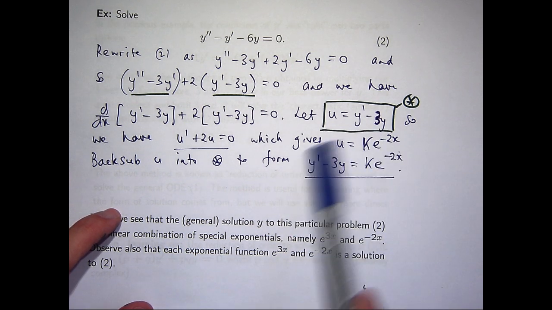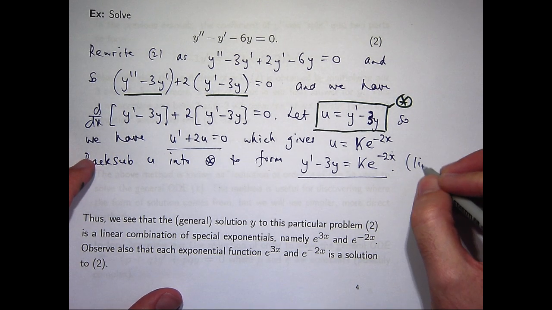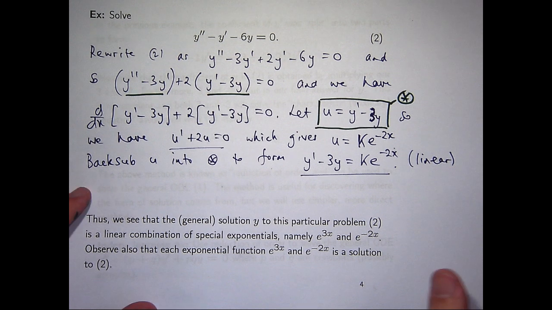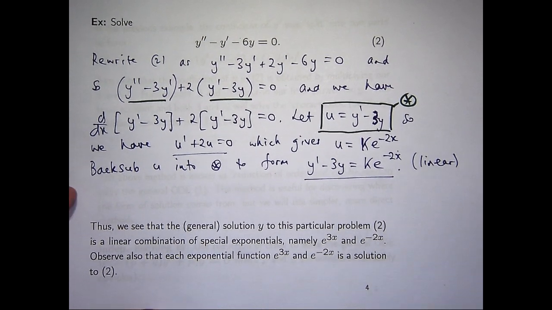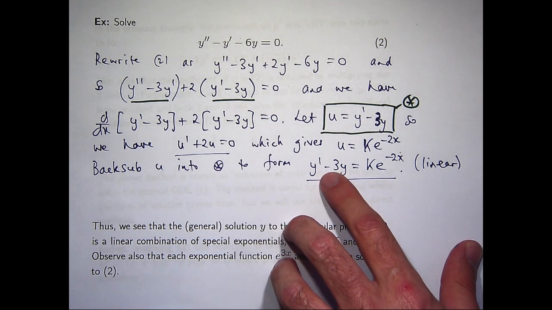Now this is a first order linear problem. Remember, to solve first order linear problems, I look at the integrating factor. I form the integrating factor from the coefficient function here. In this case, it's going to be minus 3.